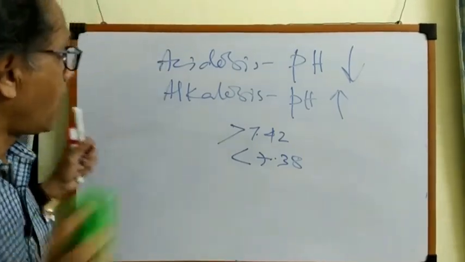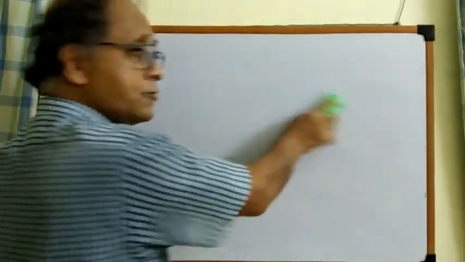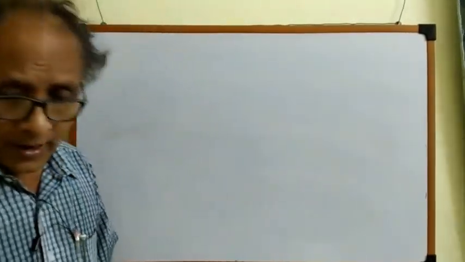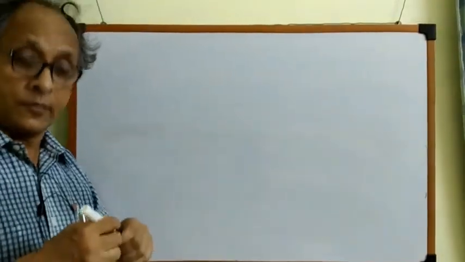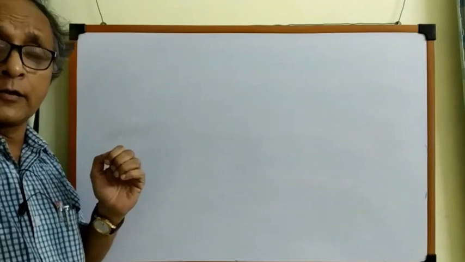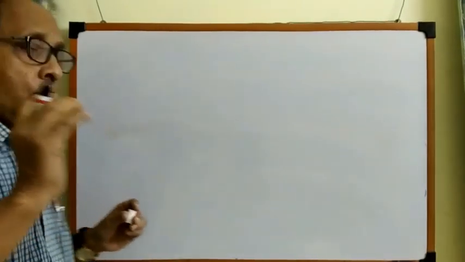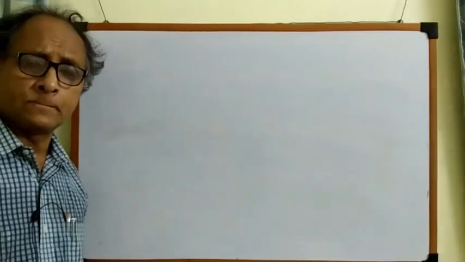So, how can acidosis and alkalosis develop? As I have told you, I will take the help of the Henderson-Hasselbalch equation, the modified Henderson-Hasselbalch equation. I told you that the physiologically most important buffer is the bicarbonate buffer.